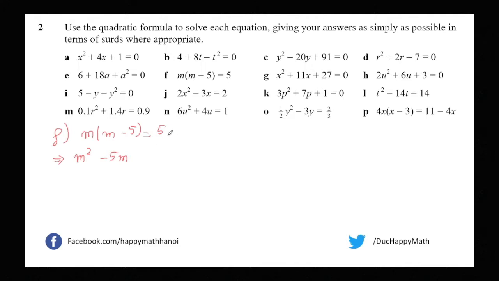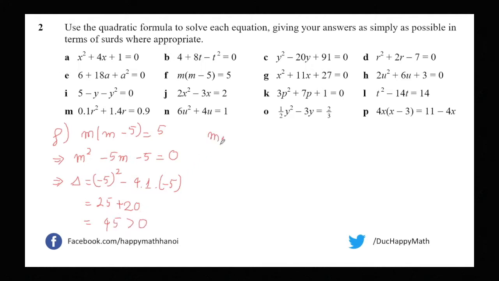Change the position of the 5 here, so we get minus 5 equal to 0. So the delta will be minus 5 squared minus 4a and minus 5c. So 25 you have here, and you plus the 20. So you got 45, greater than 0. You have two solutions.